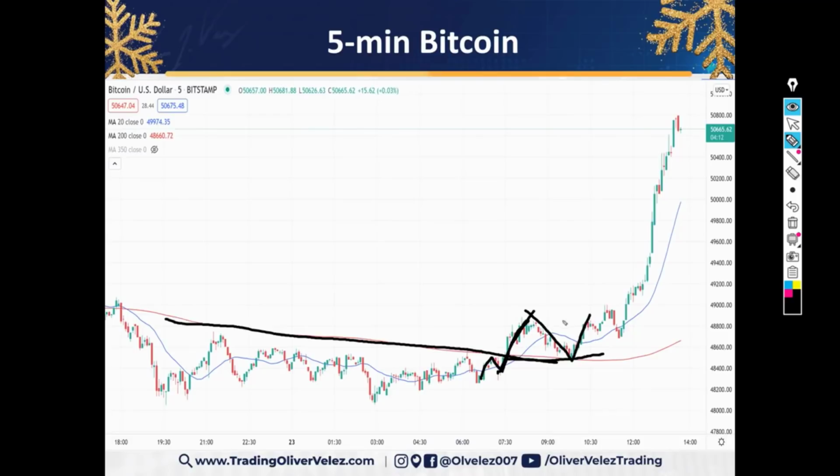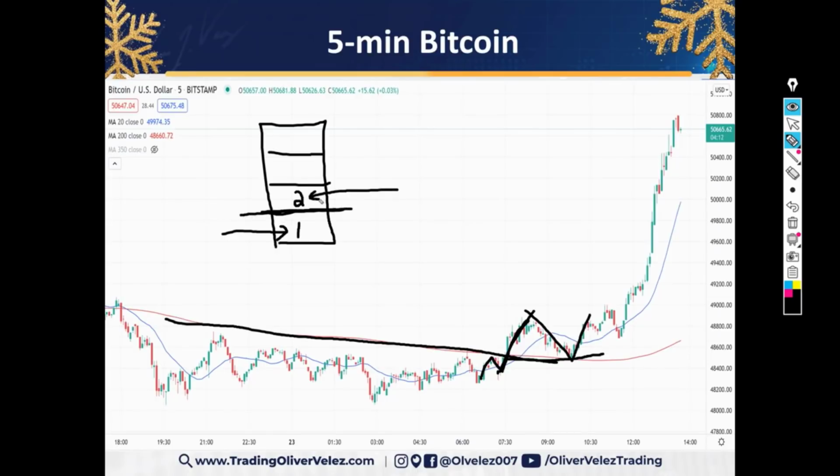Now think about this, guys. If you are in an apartment building, and these are floors. This is floor 1. This is floor 2. Now, for the people who live on floor 1, this is the ceiling. But for people who live on floor 2, the ceiling for those on 1 is the floor for those on 2.